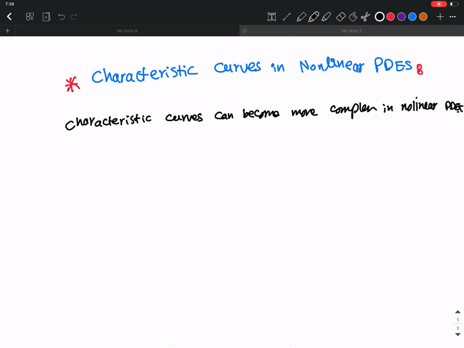And I want to solve an example on this so you get more familiar at how you can approach this kind of problems and why they are more complicated.